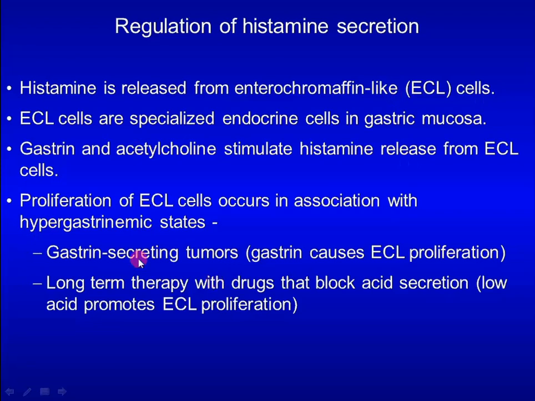High levels of gastrin cause ECL cells to proliferate. It may also occur with long-term therapy with drugs that block acid secretion. When acid level is low, gastrin level is high, and that promotes ECL proliferation.